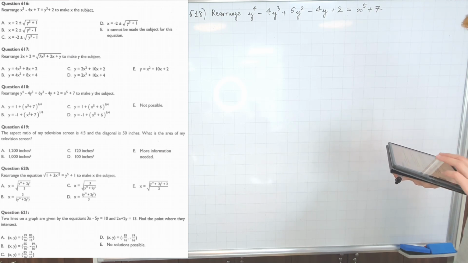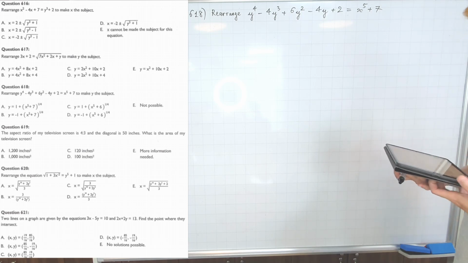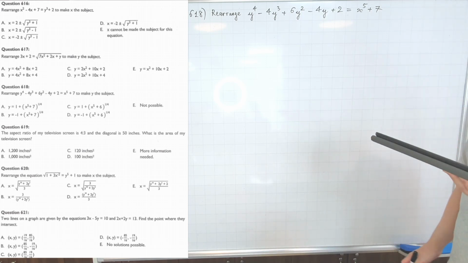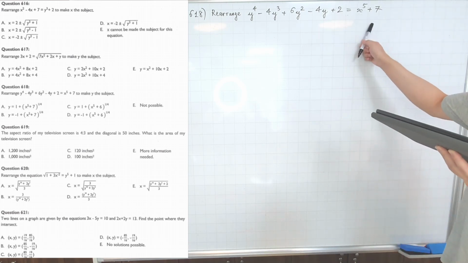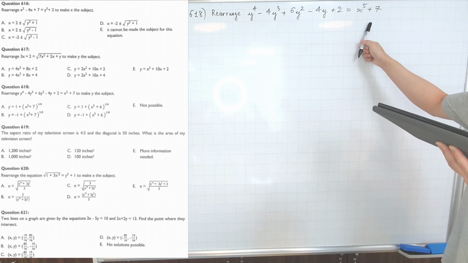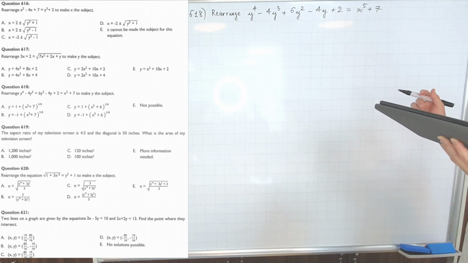Well, if you look at the answer at the back of the book, this is where looking at the options makes your life a lot easier. A lot of them, opening the brackets on the right side, involve making this y minus 1 to the number 4 on the left side.